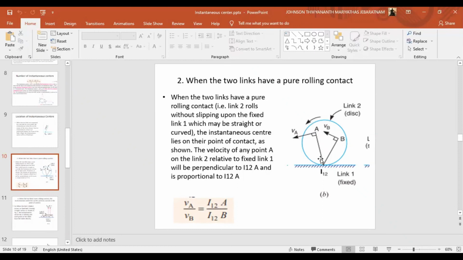So if this distance is high, then velocity would be high. If this distance is low, then velocity would be low. That's why it's mentioned as proportional to I12A.